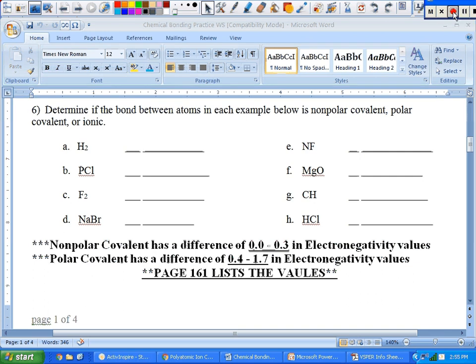Okay. So, Blaze, starting with you. H2. Covalent or ionic first? Covalent. And again, we're just going to do the covalent or ionic part first. All right, Tristan, PCl, covalent or ionic? Covalent. Ashwini, F2. Covalent. Romy, NaBr.